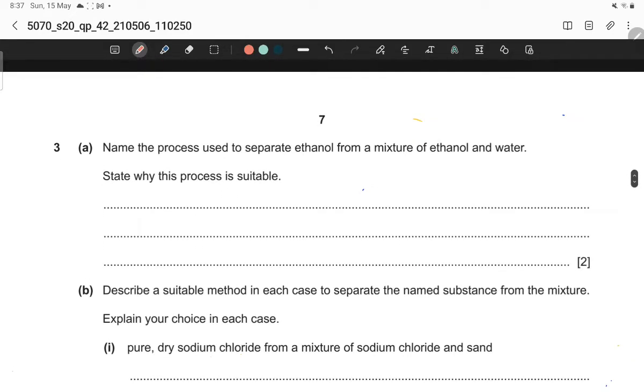Next, name the process used to separate ethanol from a mixture of ethanol and water. Ethanol and water are miscible liquids, so the process used to separate them is fractional distillation.